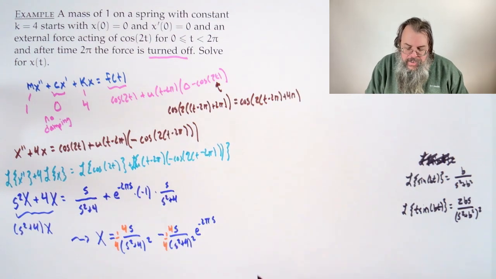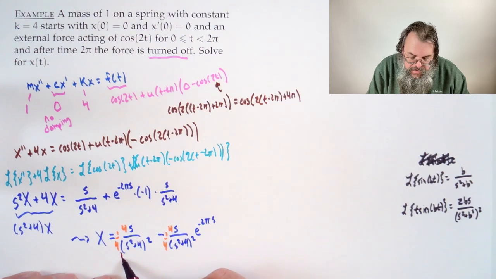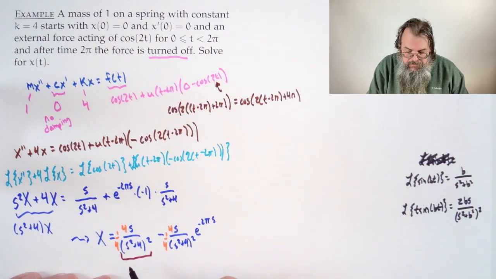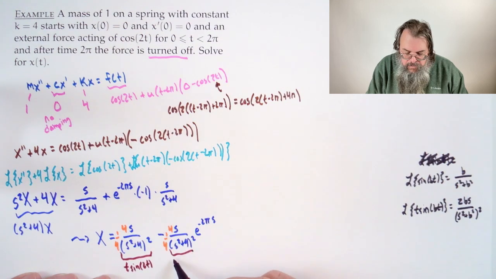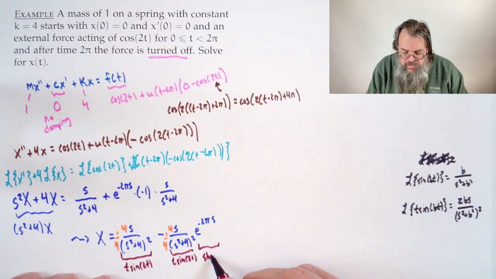So we say, aha, this part right here, this is going to be t sine of 2t, and this will also be t sine 2t, and this is shift by 2 pi.